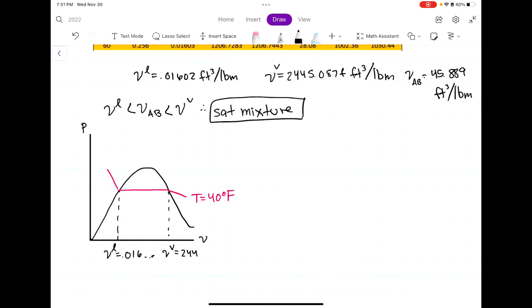So that means, I'm going to put it there, it means it's under the dome.